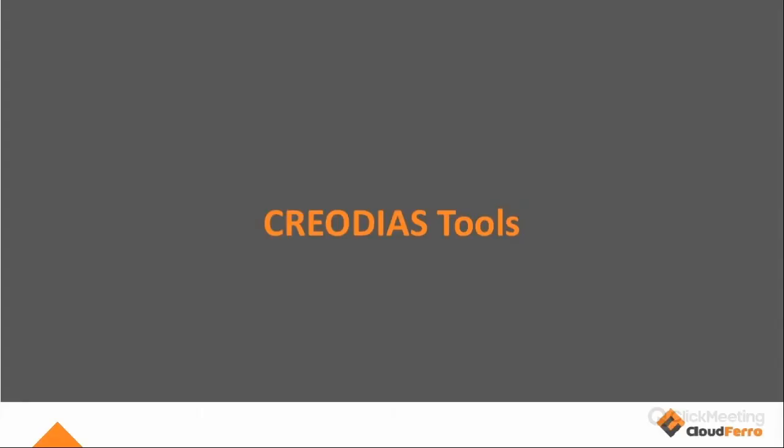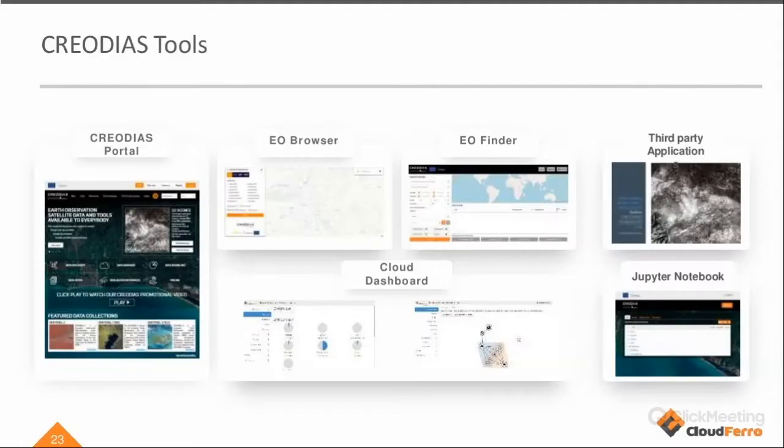Then coming to the next portions of information, CREODIAS tools. So as I have mentioned already, on our CREODIAS portal, you can have access to Earth Observation Browser, Earth Observation Finder. So, tools which are used for data search and data download. You can also create here different band combinations.